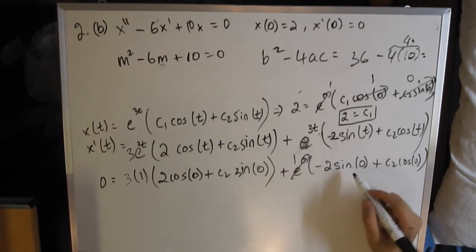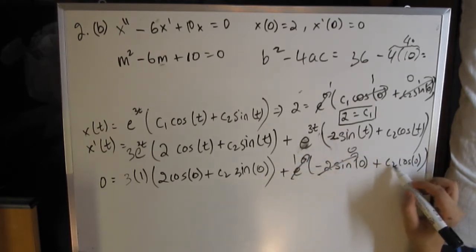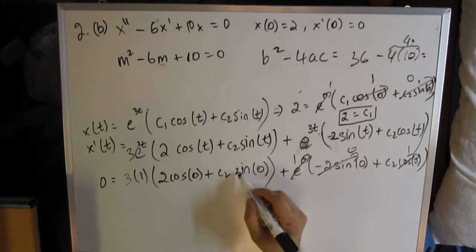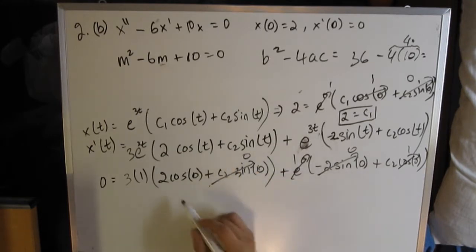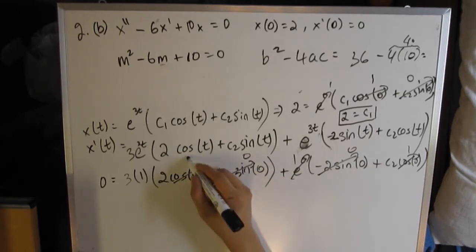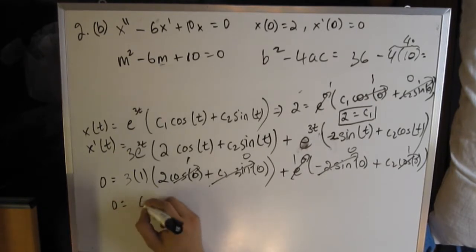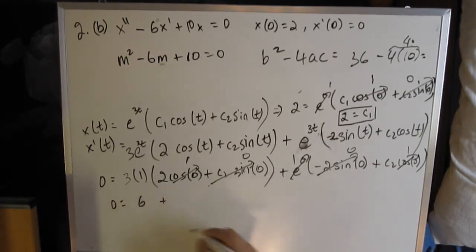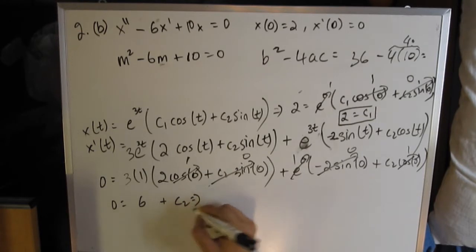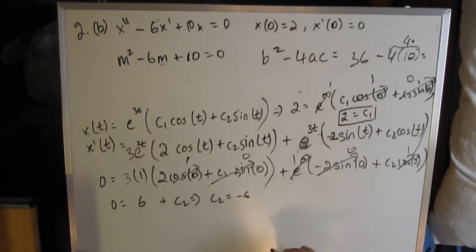This is 1, this is all 0, this is 1, this is all 0, this is 1. So you're just left with 0 equal to 6 plus c2. So you get your c2 is equal to negative 6.